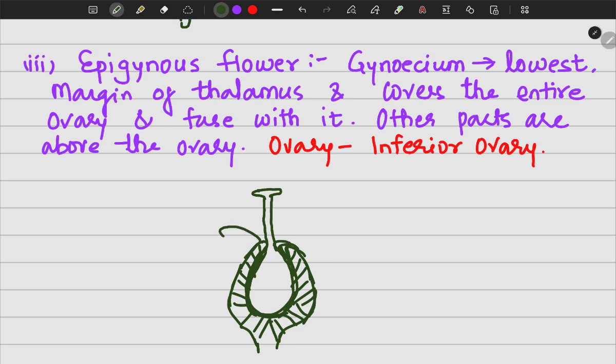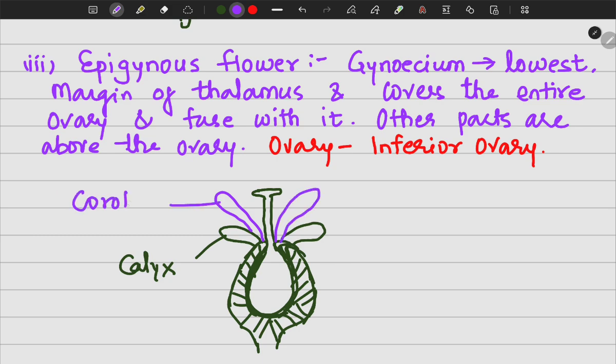So this will be calyx, here will be corolla, and then some stamens here.